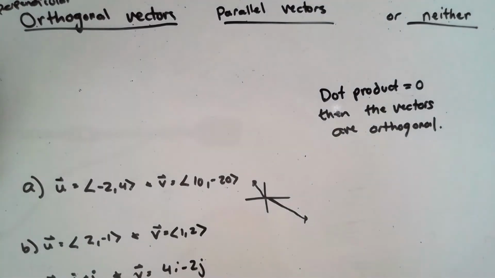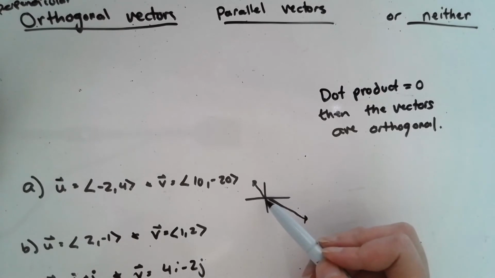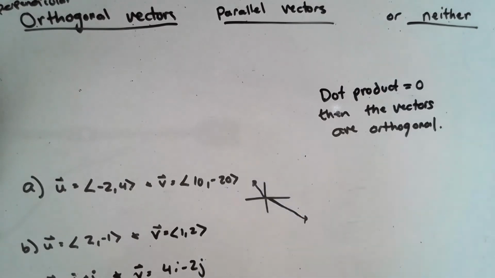We can go ahead and find the slope of each one of these. We could find the slope because we have a beginning point and an ending point, right? So of this vector, I have the point 0, 0 to 2, negative 4.